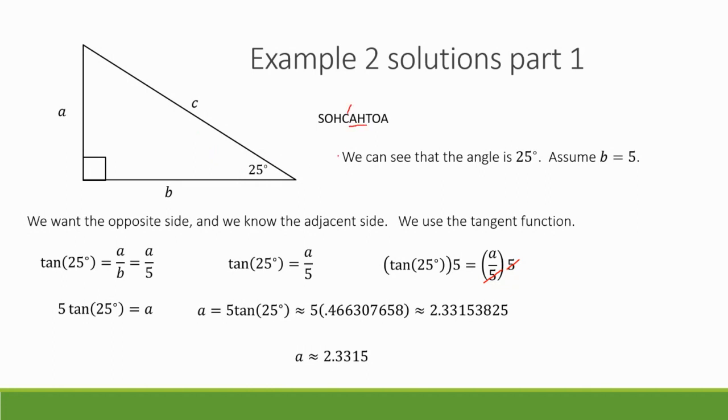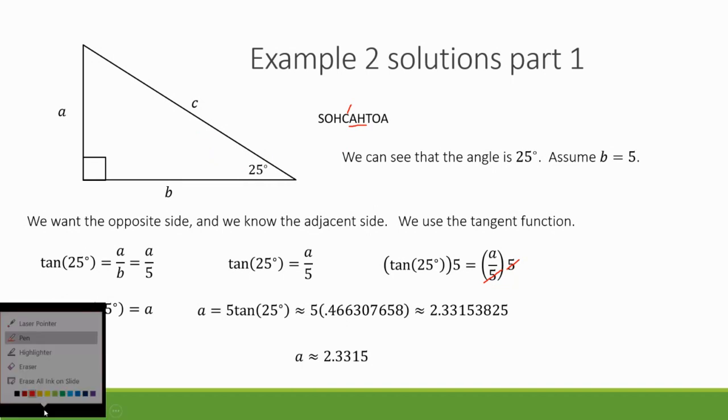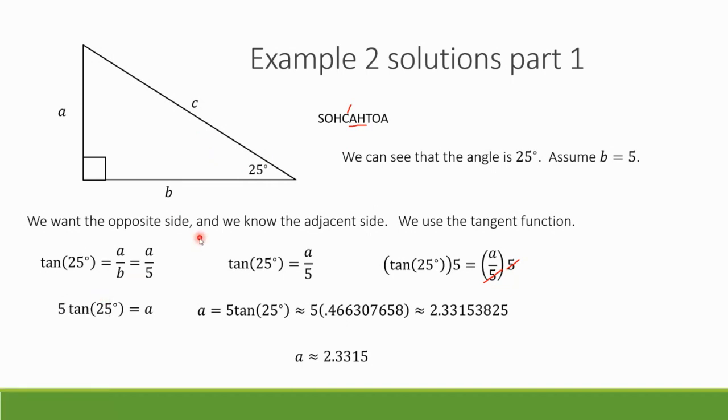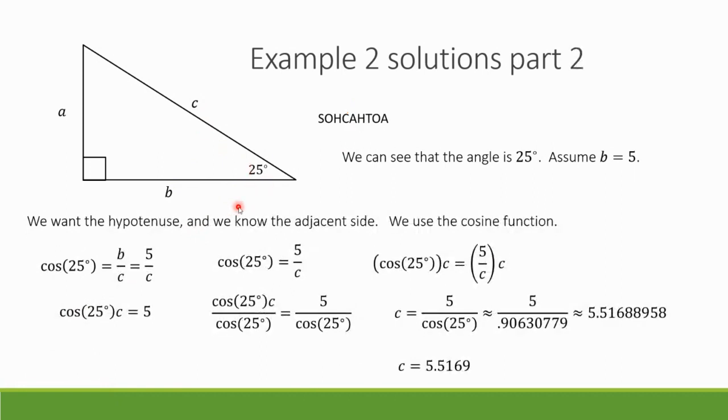We're going to use cosine. Cosine of the angle is adjacent divided by hypotenuse. So cosine of 25 degrees equals adjacent, which is B, divided by hypotenuse, C. And B we're assuming is 5, so we get this.